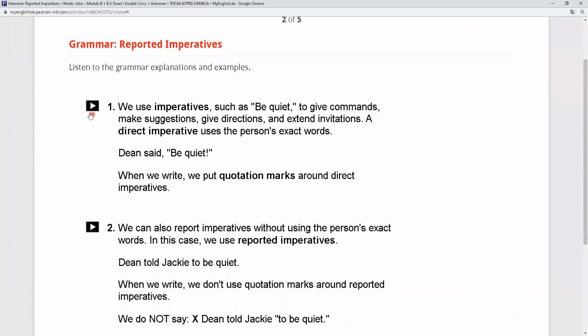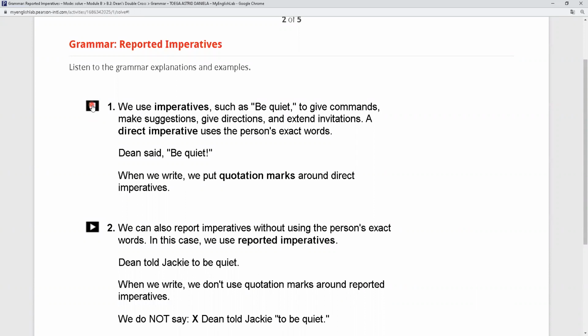First of all, we're going to learn when we use the reported imperatives. So we have the imperatives, and then we have the reported imperatives. First, let's listen to the audio.